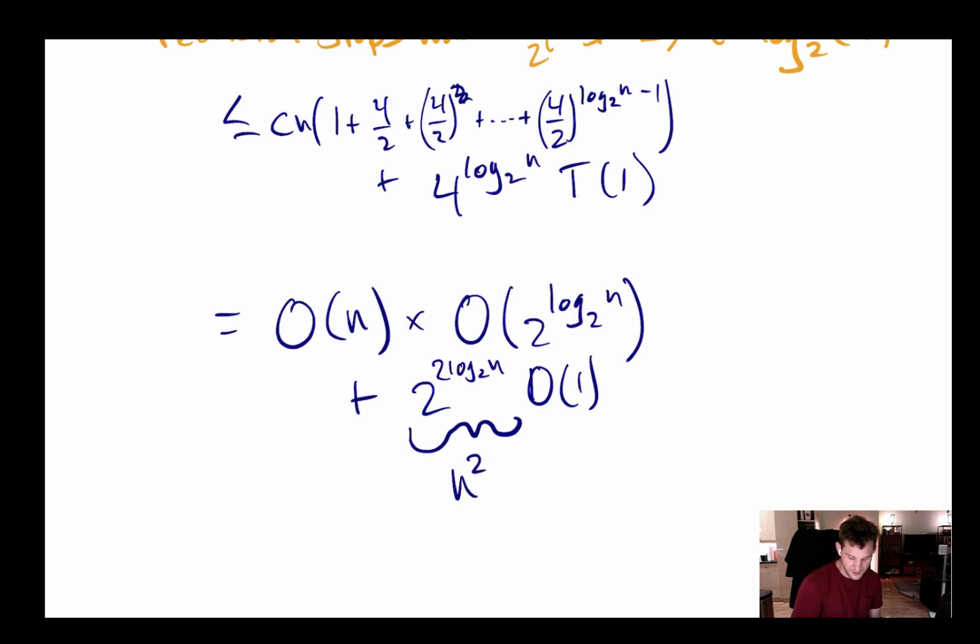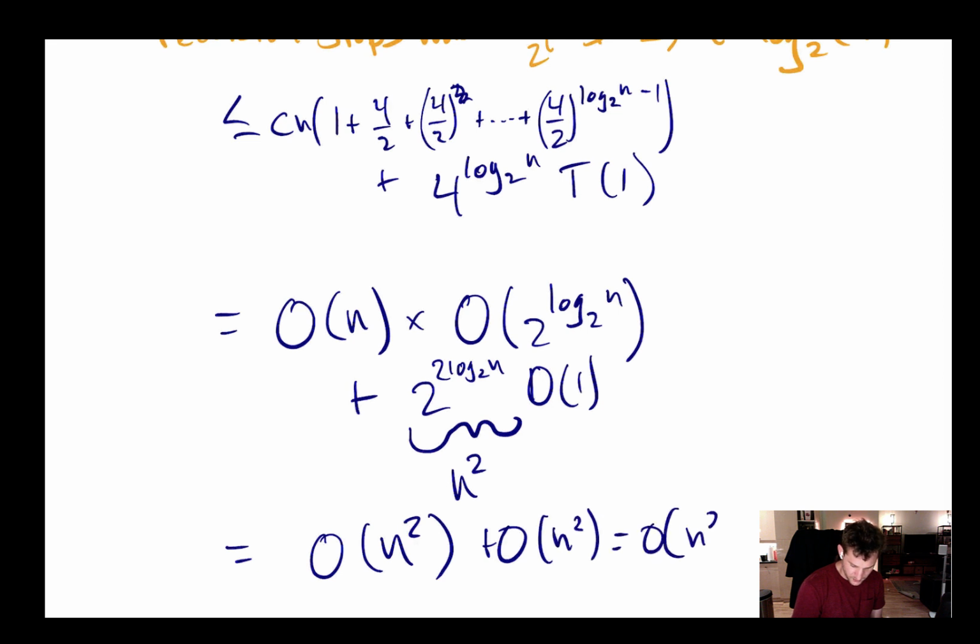You can just pull down the log base 2 of n and leave n squared there. I get O of n squared because 2 to the log base 2 of n is just n. So we have O of n times O of n plus this n squared term times O of 1, so it's plus O of n squared, which equals O of n squared. So the final computation is on the order of n squared.